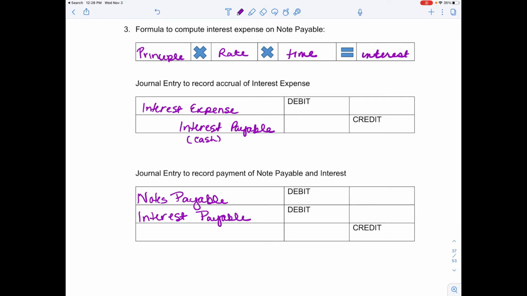If we have not accrued the interest, then this would be to interest expense. And then finally, the cash is credited for the sum of those two amounts. Again, most of that should be kind of a review.